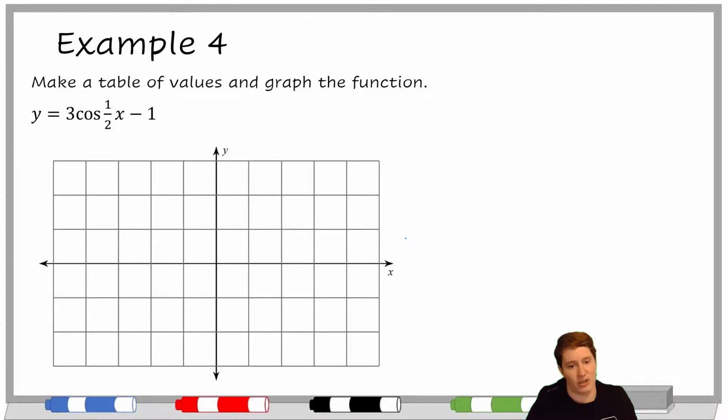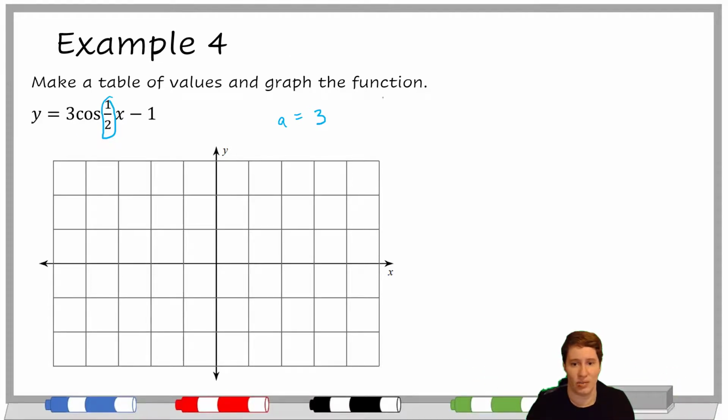So the 3 in front means our amplitude is 3. The 1/2 in front of x, this is a part of the super secret opposite society. So we'd flip this over if we're thinking about what's happening to it. We'd say this is really like a 2. This is actually stretching our graph horizontally so that it takes twice as long to do a whole cosine curve.